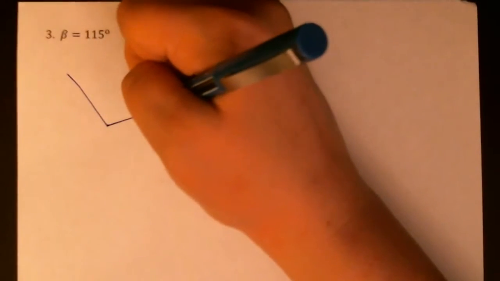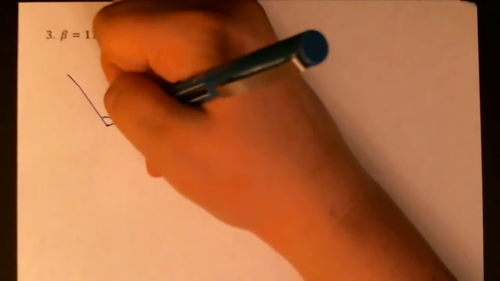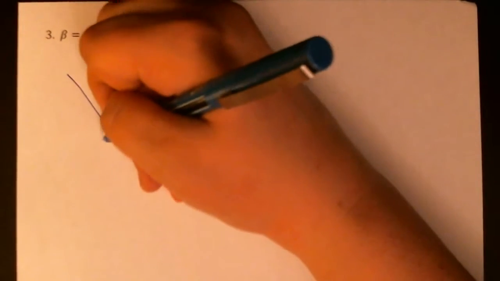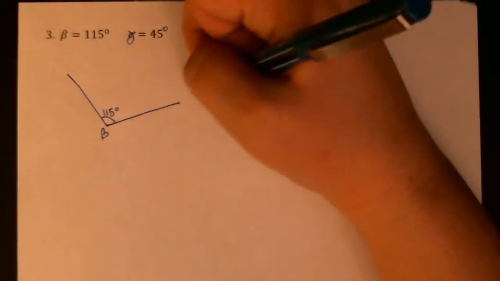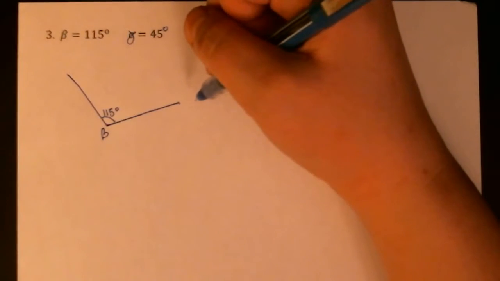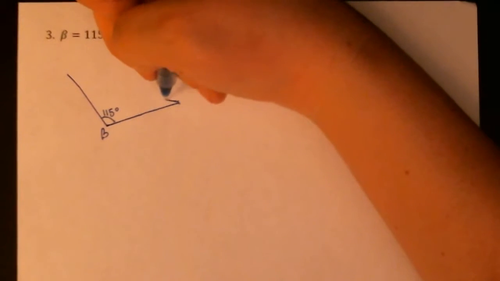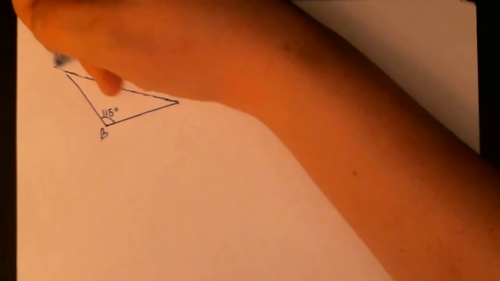So I'm going to start with a 115 degree angle, which looks a little bit bigger than 90. And that's my beta. And then I know that one of the other two angles is a 45. So let me think of what that looks like. Could be sort of like this.